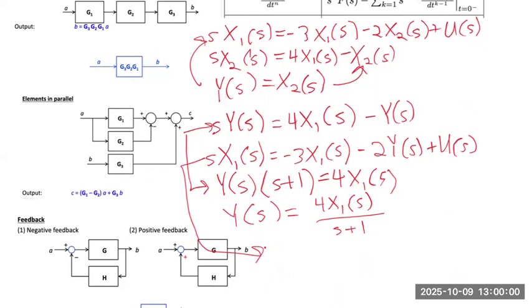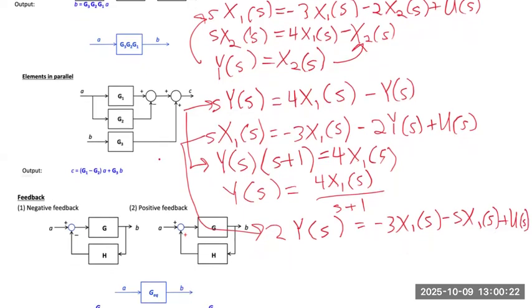So solving for y(s), we have 2y(s) is equal to negative 3x1(s) minus s x1(s) plus u(s).